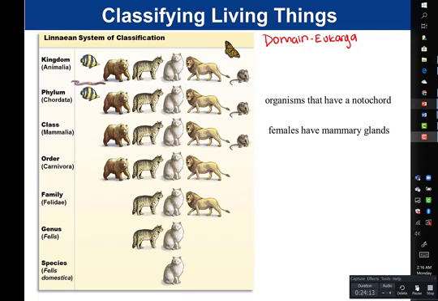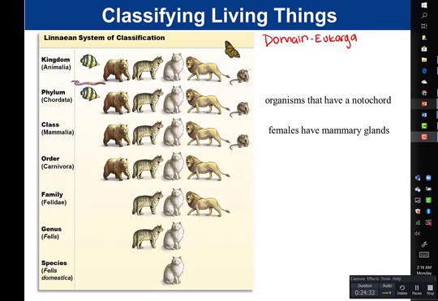In kingdom Animalia, you can see in this example, we have our fish, we have our worm, a bear, cat, lion, butterfly, mice, right? So those are kingdom Animalia. They're still very broad, but we've already ruled out some other organisms.